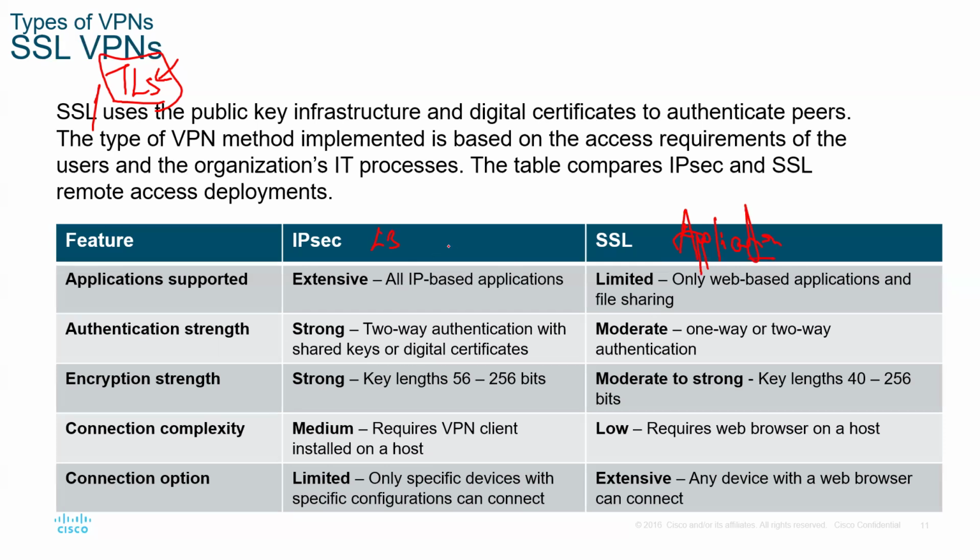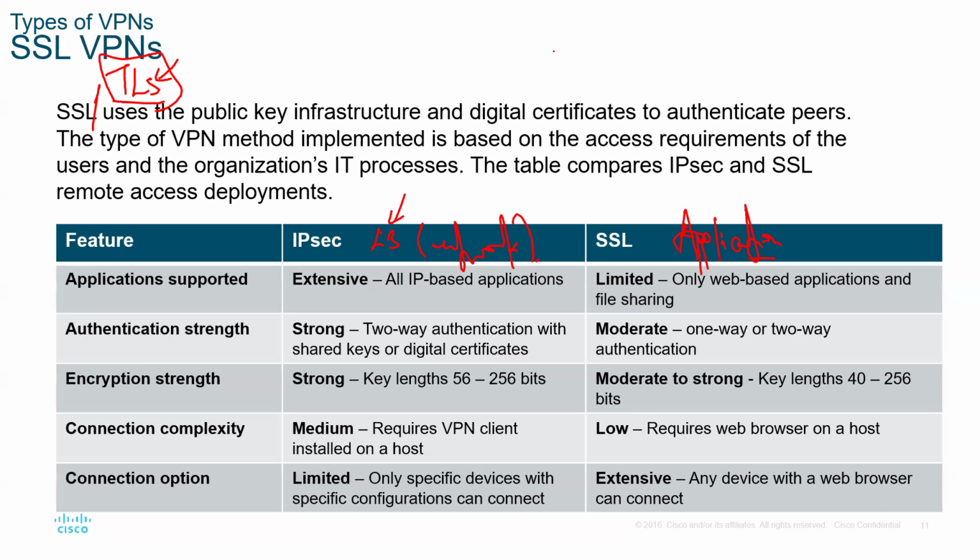So if you want your encryption based on IP traffic, then IPsec is the one to use. If you establish your VPN based on IP traffic, it means all traffic is going to be encrypted.